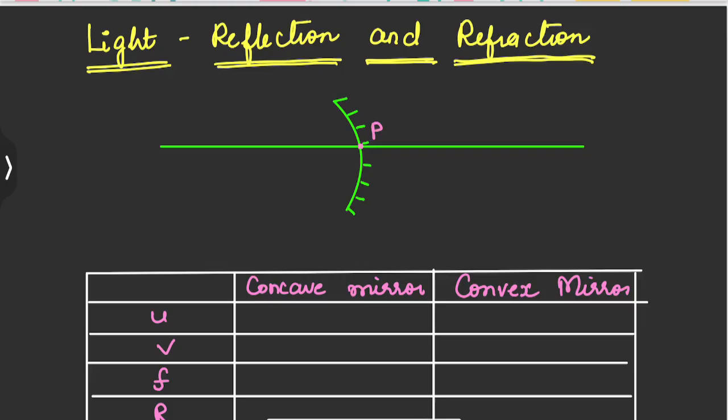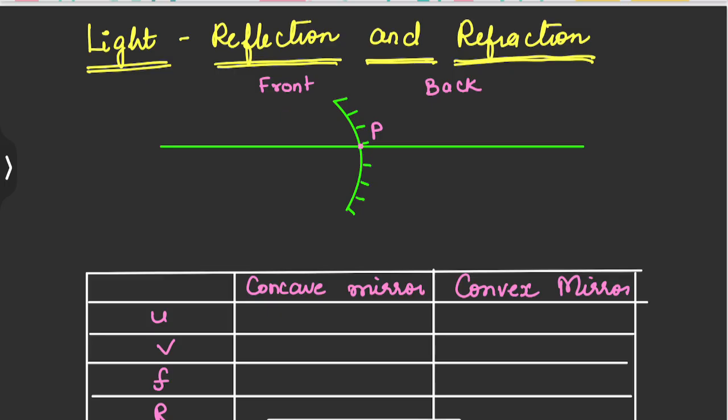Whatever is present in front of the mirror, this side is called the front of the mirror, and this side is called the back of the mirror.